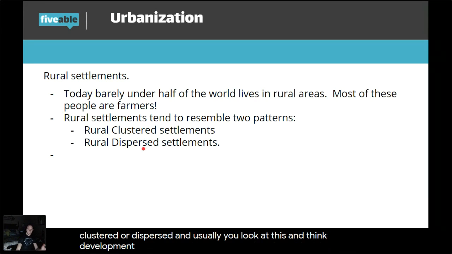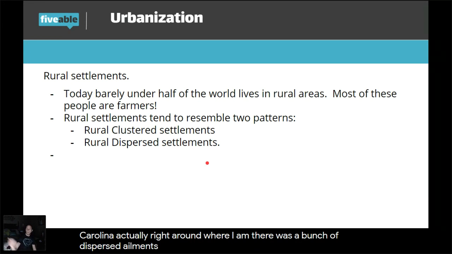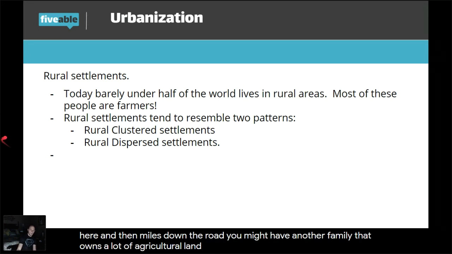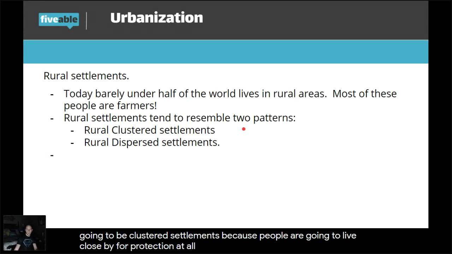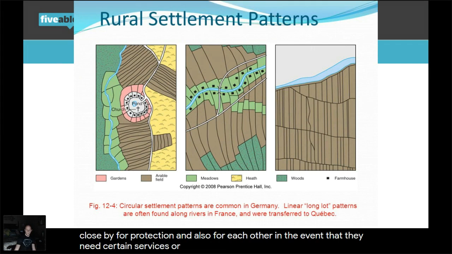For example, in developed countries, in South Carolina, actually right around where I am, there were a bunch of dispersed settlements, a ton of agricultural land with maybe one family here, and then miles down the road you might have another family that owns a lot of agricultural land. In poorer countries, usually these are going to be clustered settlements because people are going to live close by for protection and also for each other in the event that they need certain services or certain things done.